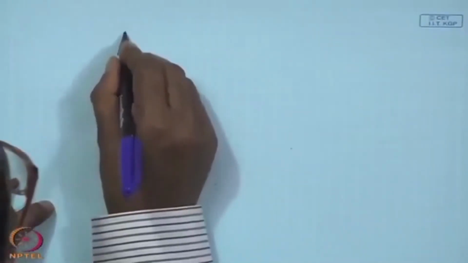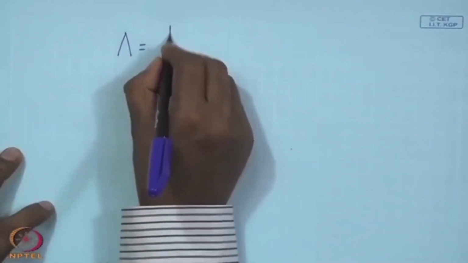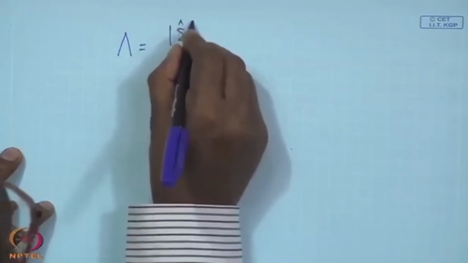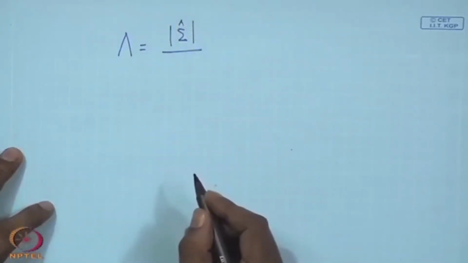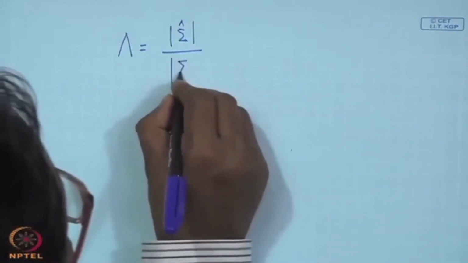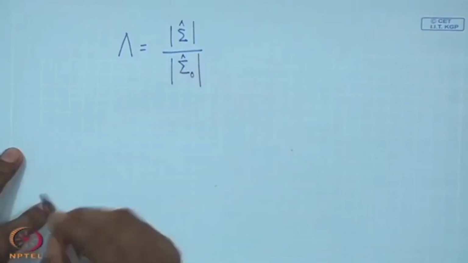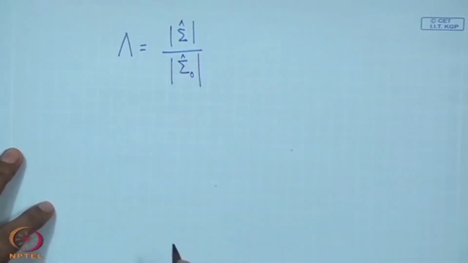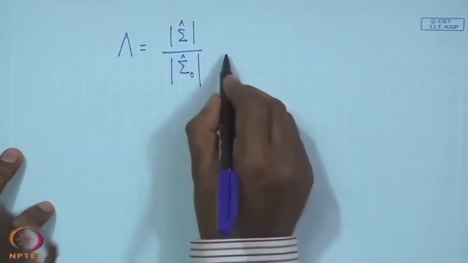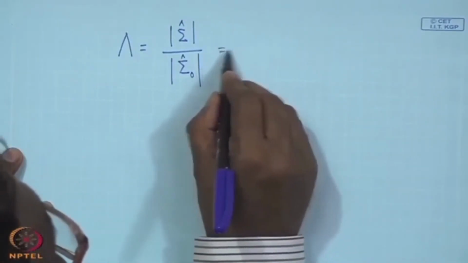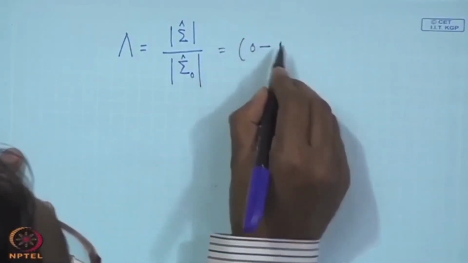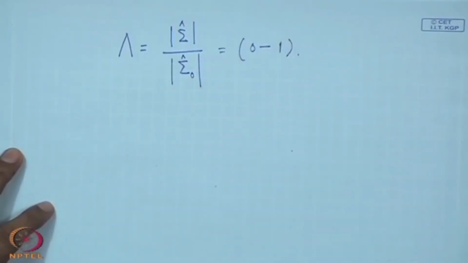Now if we create a ratio, the determinant of the full model SSCPE vis-a-vis the reduced model SSCPE, getting me? This ratio will stay in between 0 and 1.